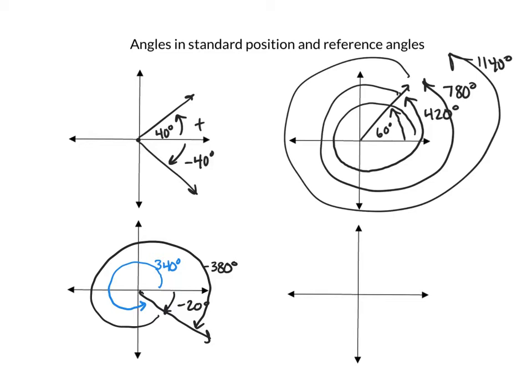The sine of negative 20 and the sine of positive 340 and the sine of negative 380, all those are equivalent. So as long as I end up at that same spot, by the way, that spot is called the terminal side. The terminal side of the angle. As long as I end up there, whichever direction I go, I get an equivalent angle.